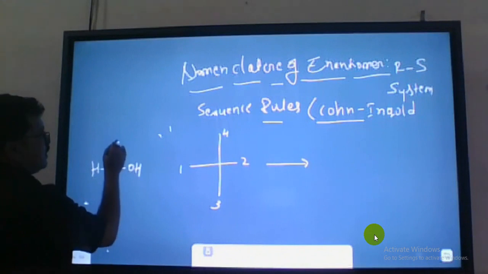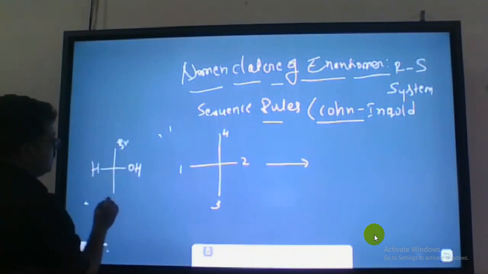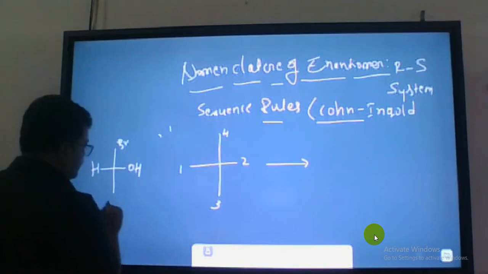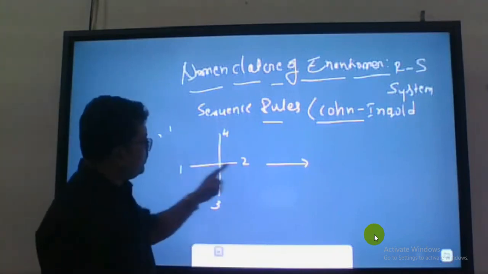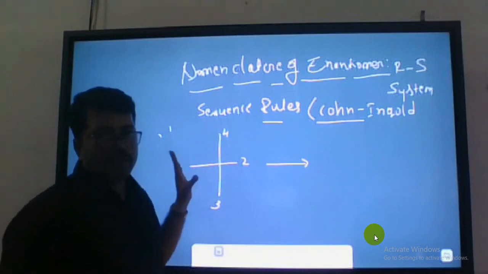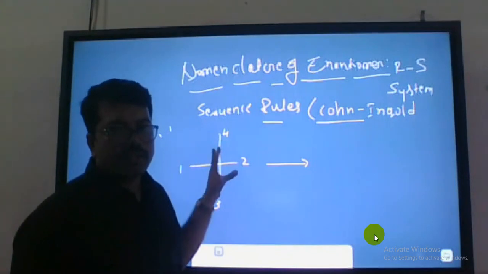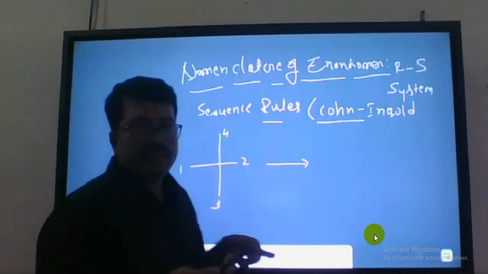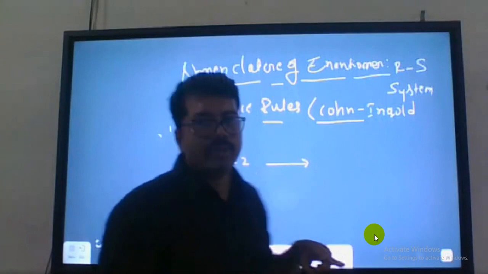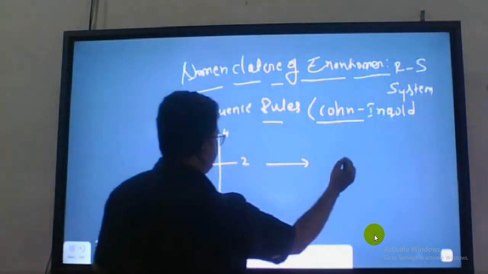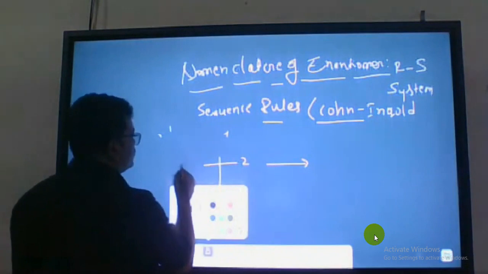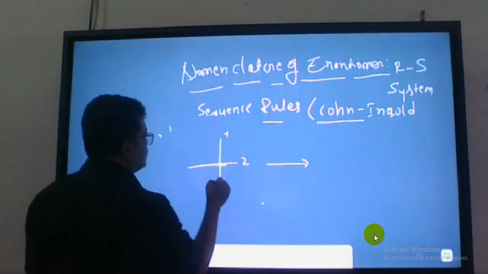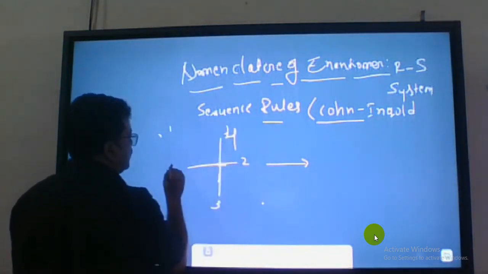OH and this is bromine and this any molecule. So the priority is 1 2 3 4 when named, it looks like this. They are atoms or groups. So if you change one time, if you change this one, it's 4 and this is 1.